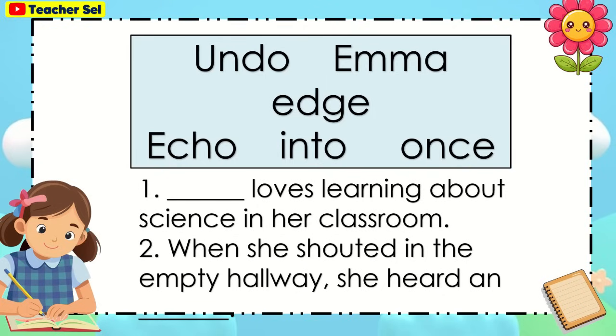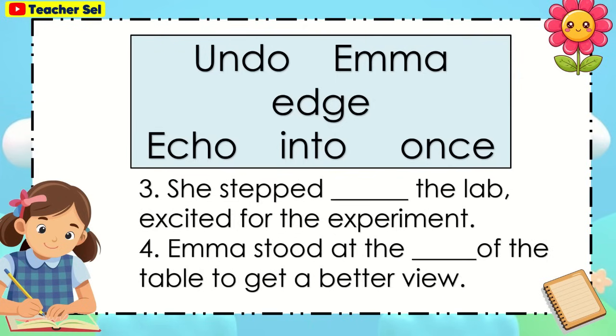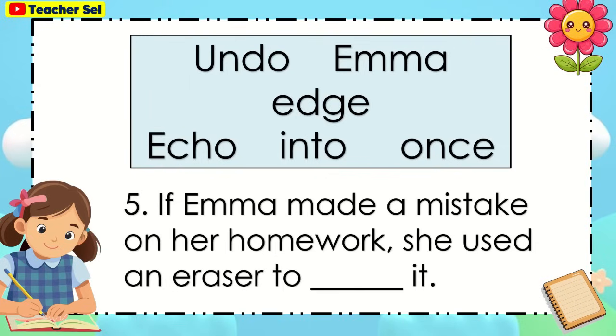When she shouted in the empty hallway, she heard an blank. 3. She stepped blank the lab, excited for the experiment. 4. Emma stood at the blank of the table to get a better view. 5. If Emma made a mistake on her homework, she used an eraser to blank it.